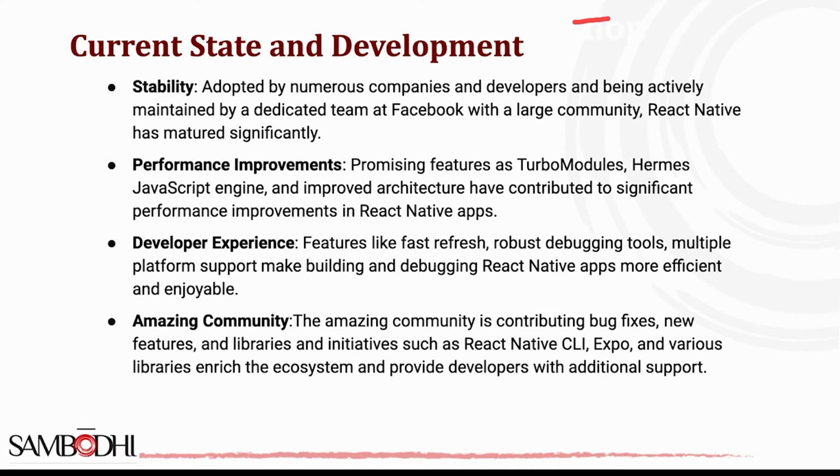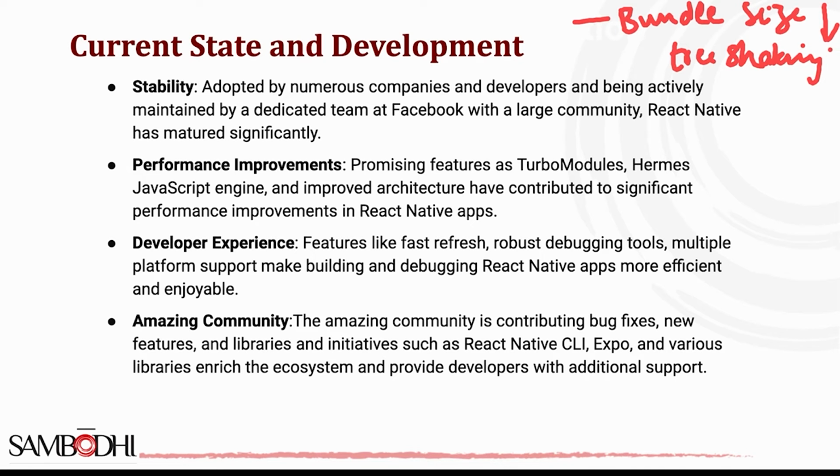Initially, when we used to create React Native applications, the bundle size used to be very large, which has also gone down considerably. There have been tools and strategies to manage this, like tree shaking, dead code elimination, and bundle compression.